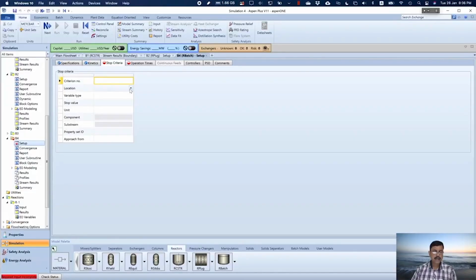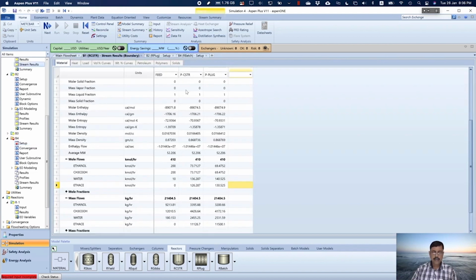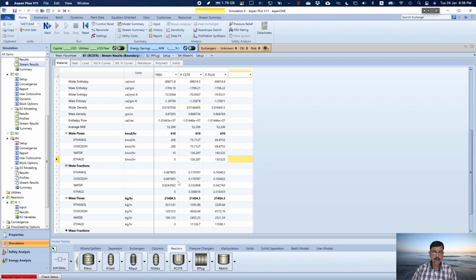For that, we can select the reactor, this is the location, variable type, mole fraction. Let us assume that we will stop the reaction when the mole fraction of ethyl acetate becomes 0.308018, that is the final point that we want to achieve for ethyl acetate.